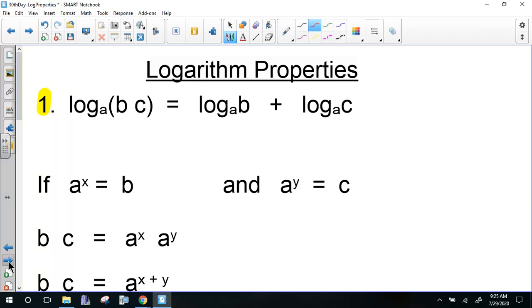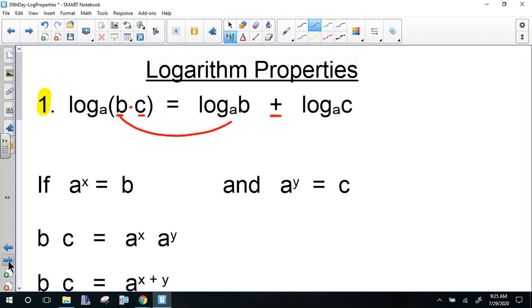So in property number 1, we have the log base A of some number B or some expression B times another expression C. We can split that up into 2 logs if we just take the log of one of those and add it to the log of the other.